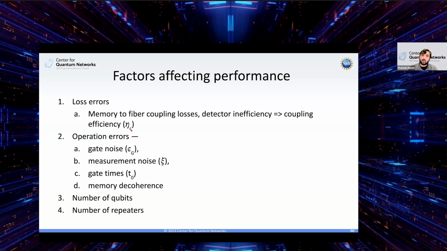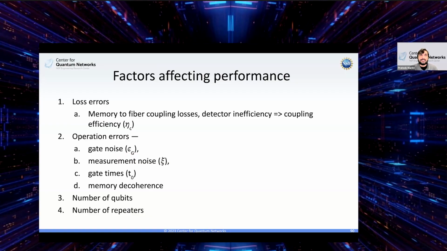A lot of literature also tends to look at all of these different loss errors separately. But for the purposes of this course, we will combine all of these together in one parameter and see how loss errors affect performance. Similarly, operation errors, so the gate noise that we saw earlier, represented here by epsilon g, measurement noises, and the time it takes to perform a two-qubit gate.